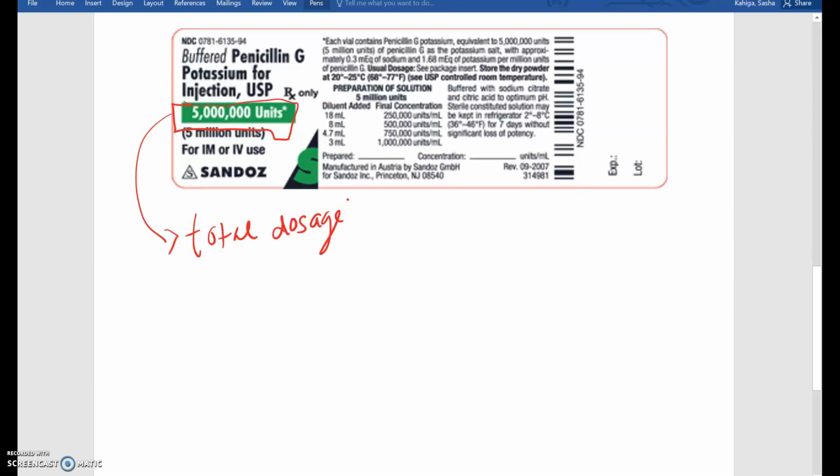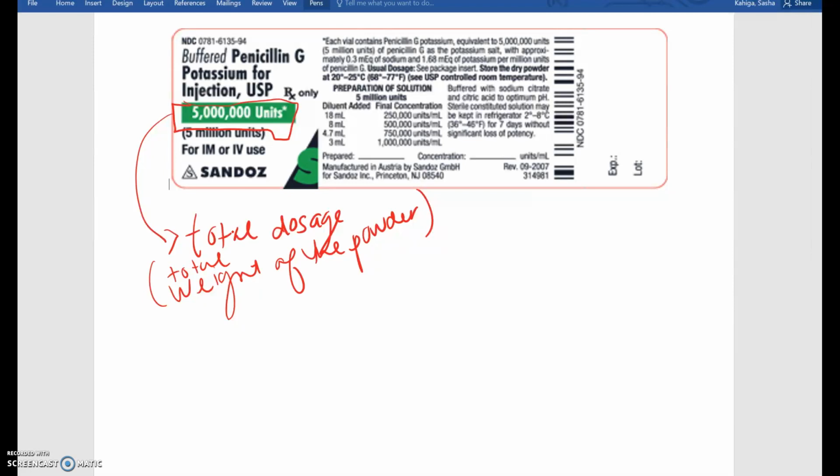So what that is saying, your total dosage basically in details lets us know the weight of the powder. All right. So this total dosage is the weight of the powder. Or let's say the total weight of the powder that's in this container.